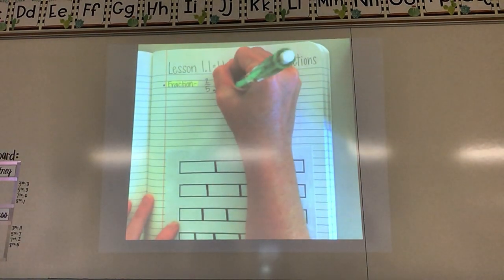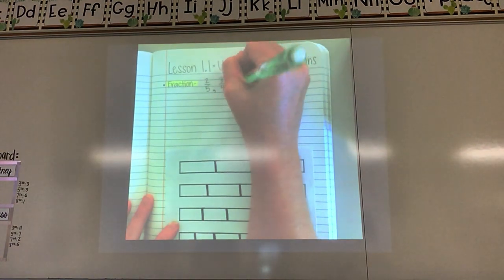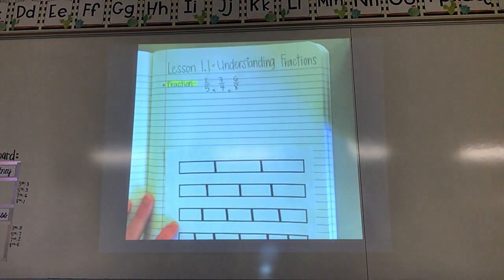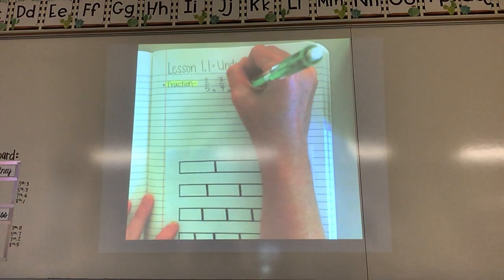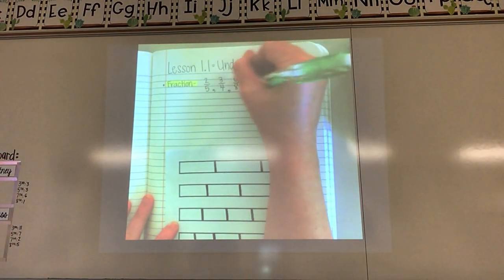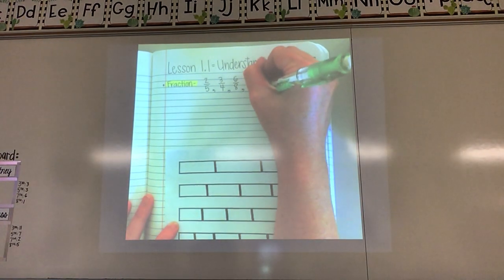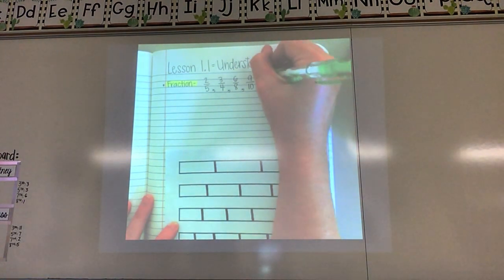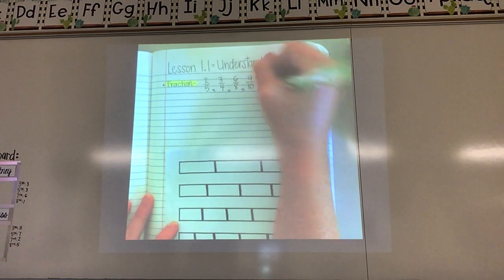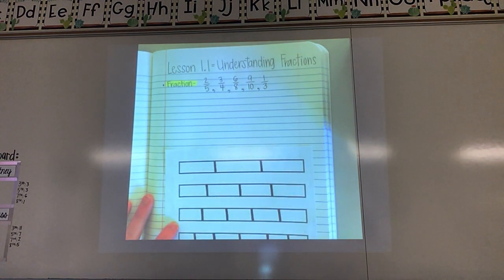We could have 6/8. We could have 9/10, or we could have 1/3. All of those would be examples of fractions.